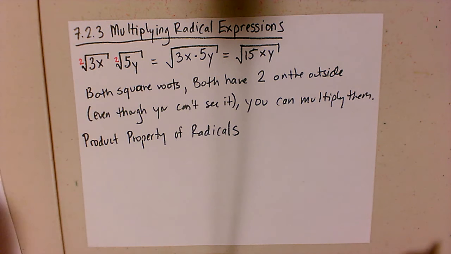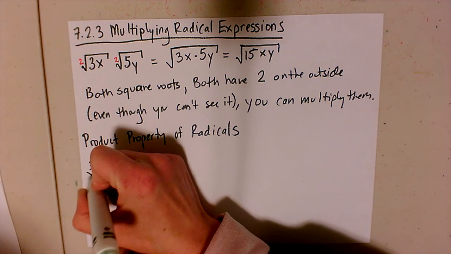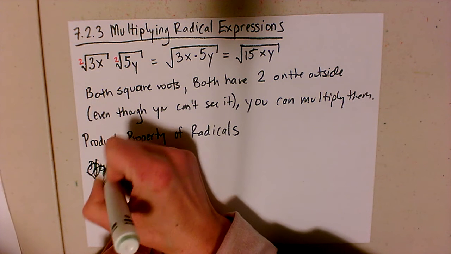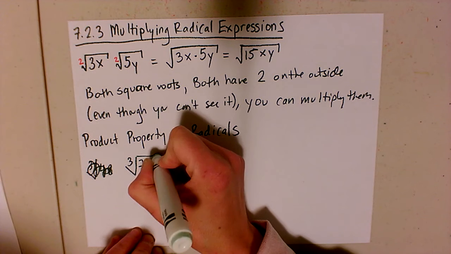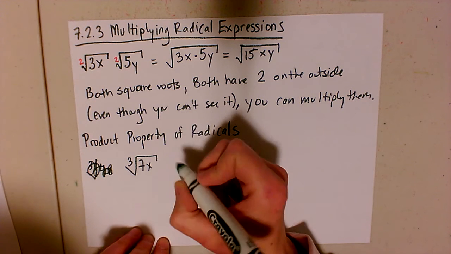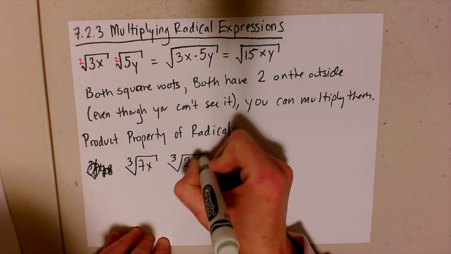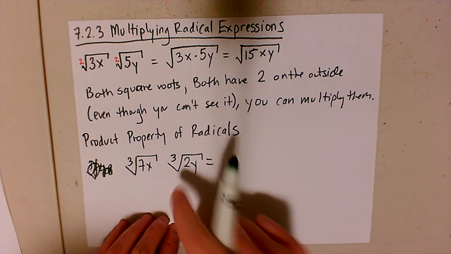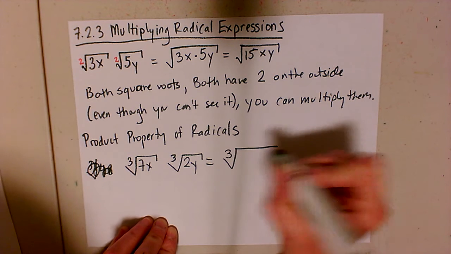Let's say you had something like a cube root. Let's say we have the cube root of 7x times the cube root of 2y. So these are both cube roots, and they're being multiplied, so we can put this all under one cube root.